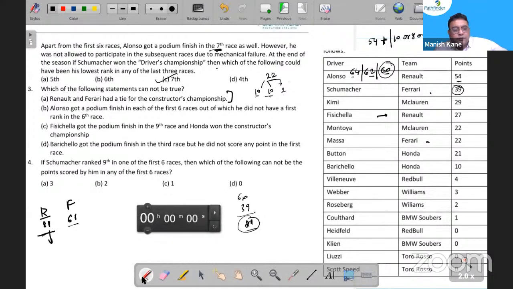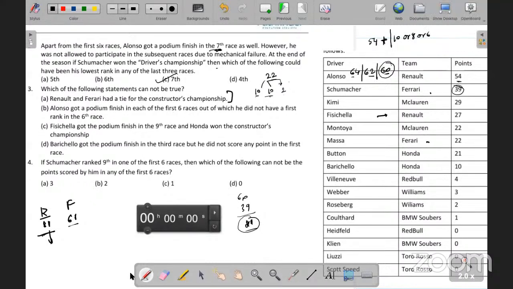Have you understood what has happened here? Have you understood? Sir, if this is a tally of both the racers, so the maximum they can reach is 30 plus 8 of the second racer also, right?